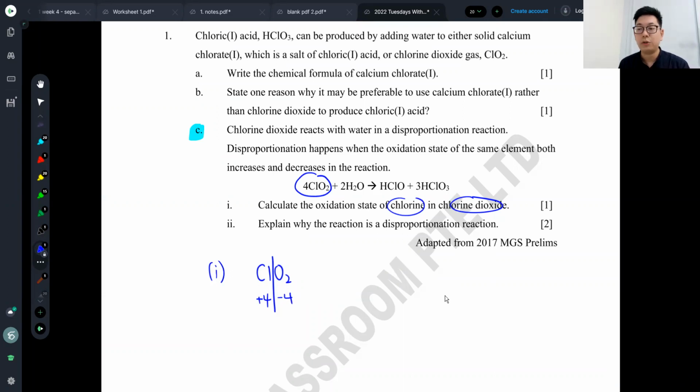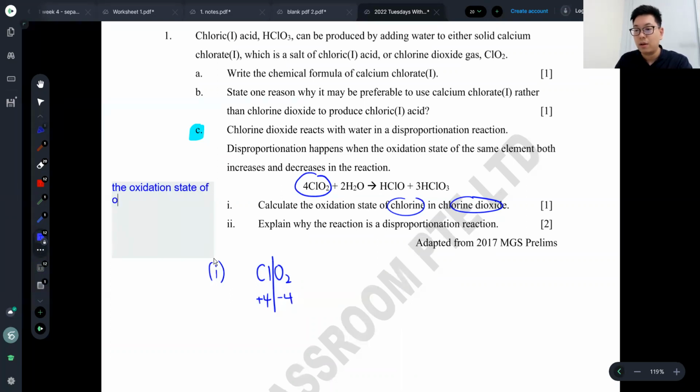Okay, so it's a bit interesting, but bear in mind the oxidation state of oxygen in compounds is always -2. If you didn't catch that, I'm going to write it down here, and I'm also going to give you the exception. The oxidation state of oxygen in a compound is usually -2, except for peroxides.